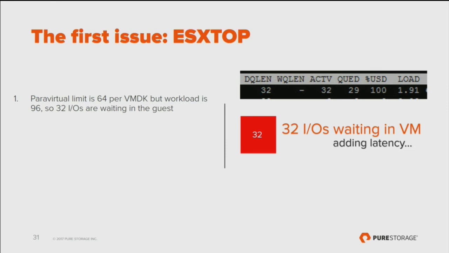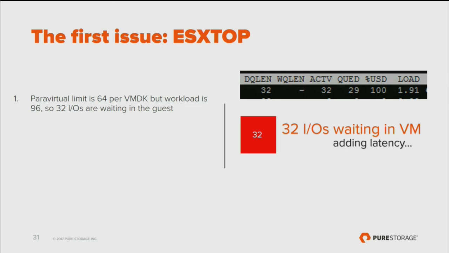So the first thing is, okay, I understand why I'm only doing 32 at a time, because that's my limit on my data store, but why am I not seeing 64 waiting? Well, because the guest can only send out 64 at a time. Yes, my workload's doing 96, but 32 of them are waiting in the VM, and it can only send out 64. And then when we get down to the data store, it's like, hey, I see you're sending me 64, but I can only handle 32.